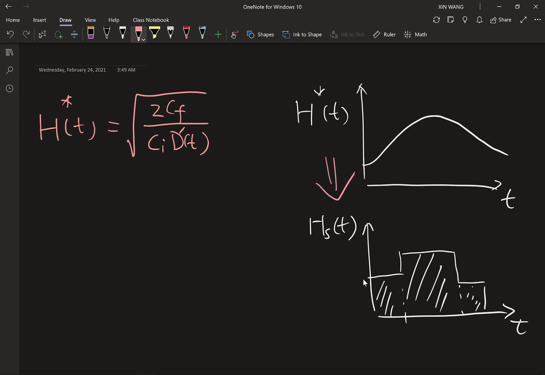Because this is a square, let's see t0, t1, the height of the step function headway is also t1 minus t0. So this is a square. So we want to convert our optimum headway function into some squares. After you determine all these squares, you can have the corresponding step function.